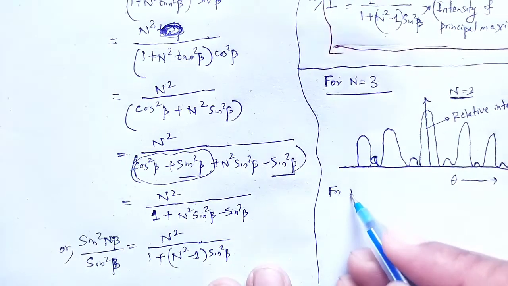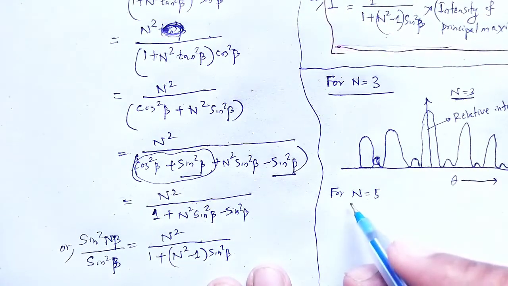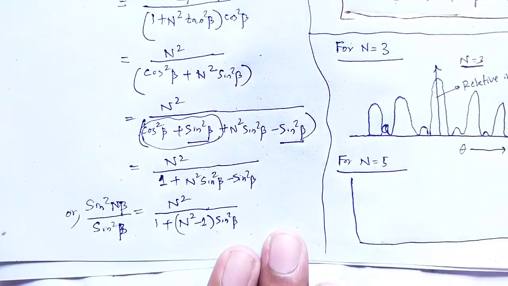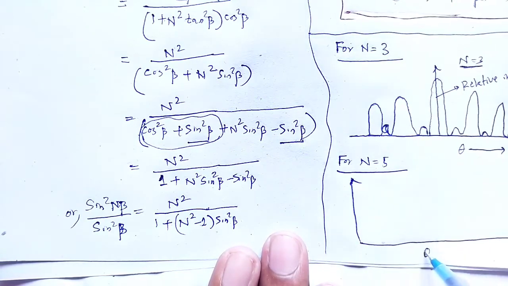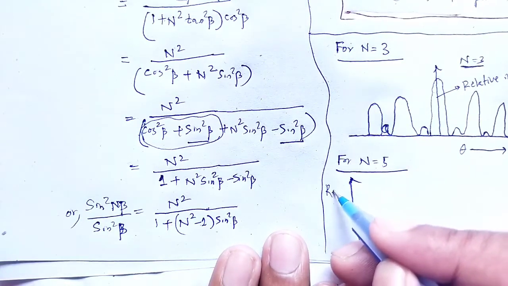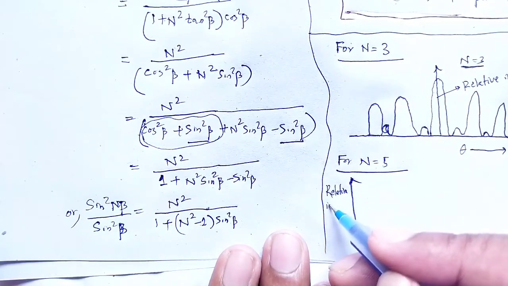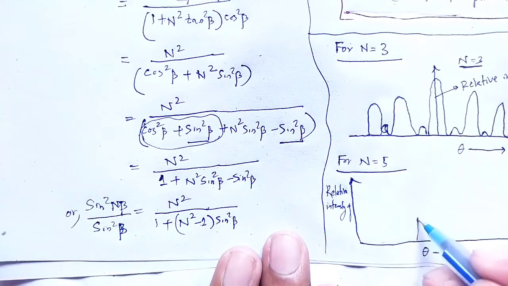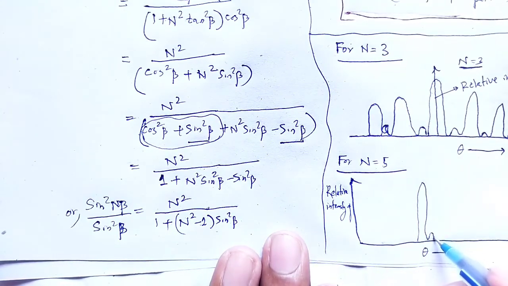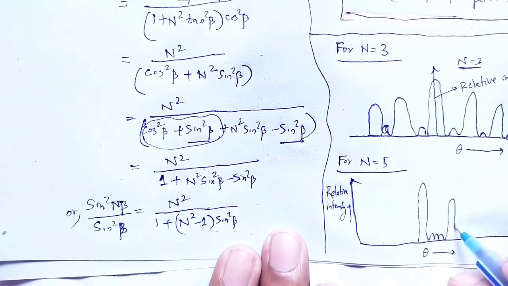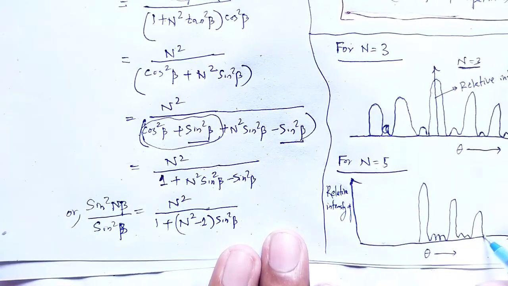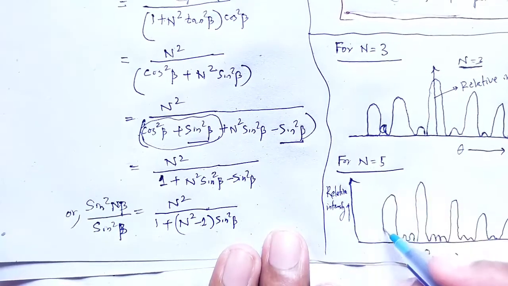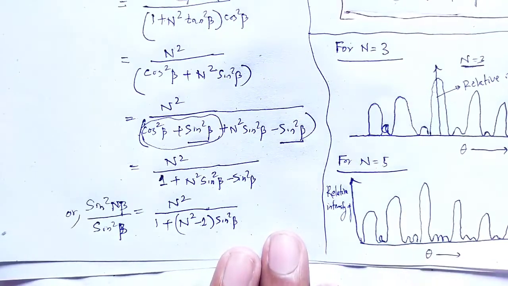Next, for n is equal to 4, n is equal to 5, the intensity distribution is taken against theta, with relative intensity on the y axis. We have the diffraction pattern like this.